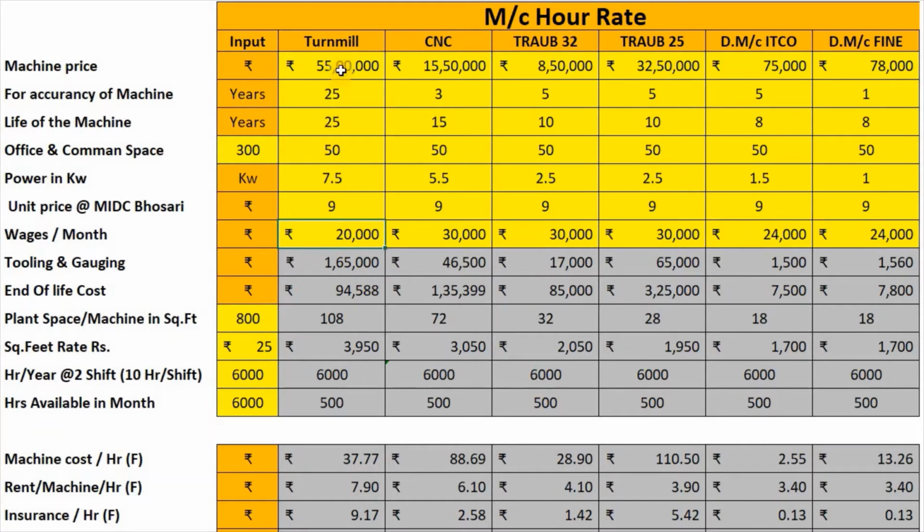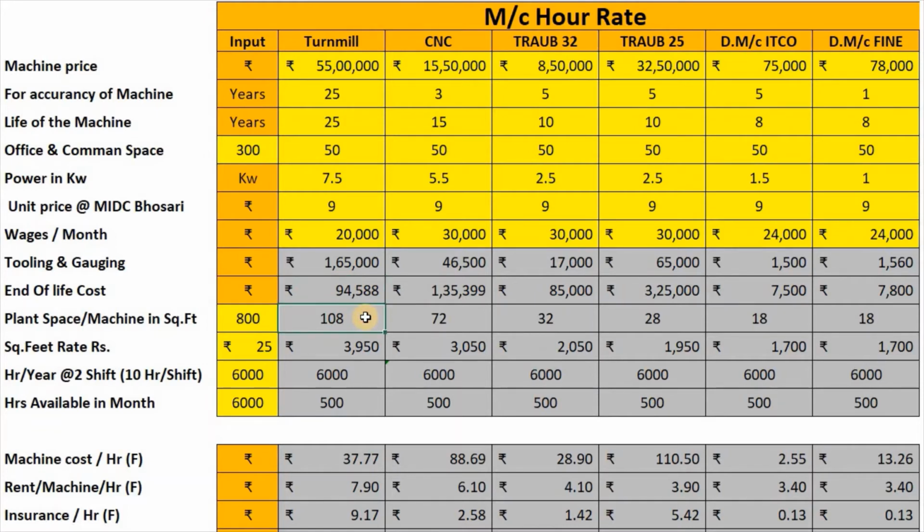Once you put all these values in the seven columns, it will calculate automatically. The tooling and caging default calculation is 3% of the machine cost. At the end of its life, after 25 years, the machine cost will be less than 1 lakh rupees.